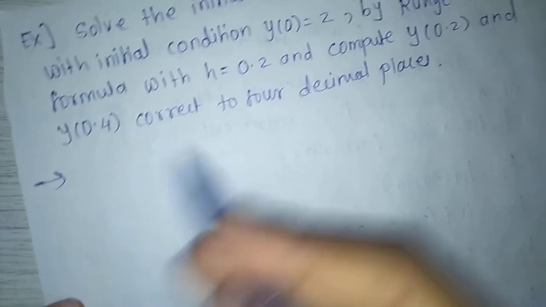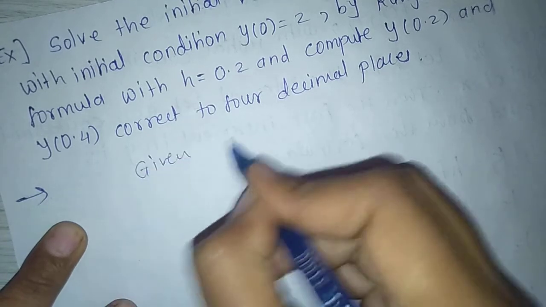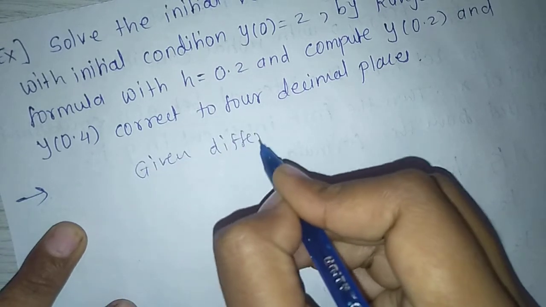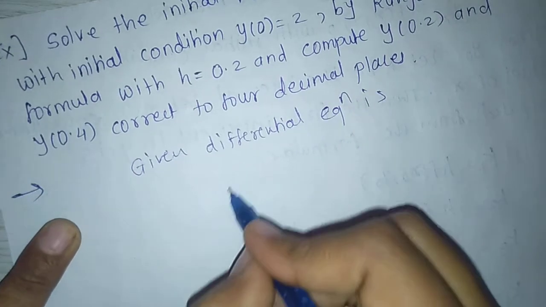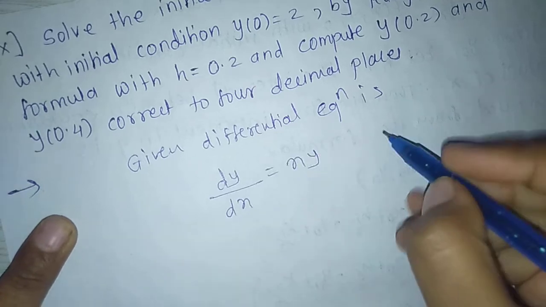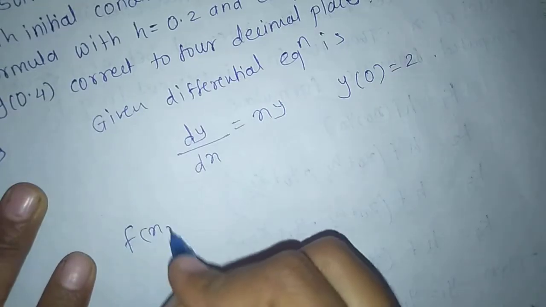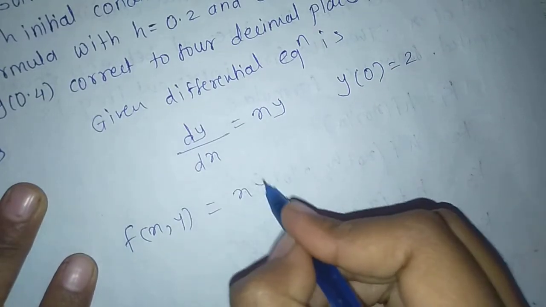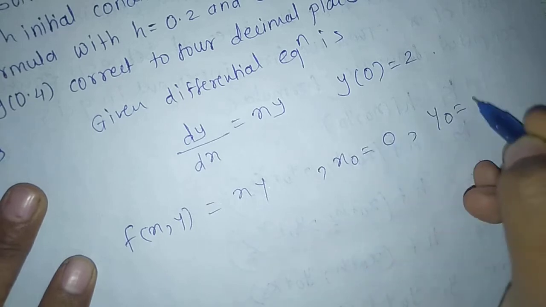First, the given differential equation is dy by dx equal to x into y with initial condition y of 0 equal to 2. That means f of x, y equal to x into y, x naught equal to 0 and y naught equal to 2.